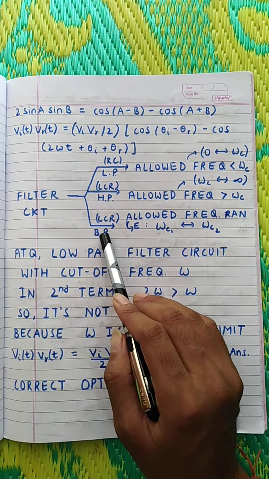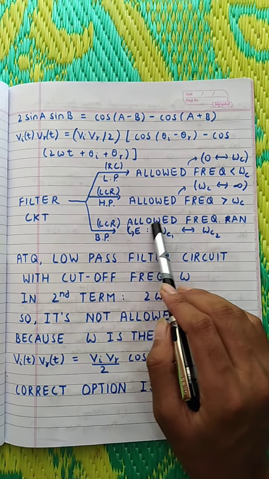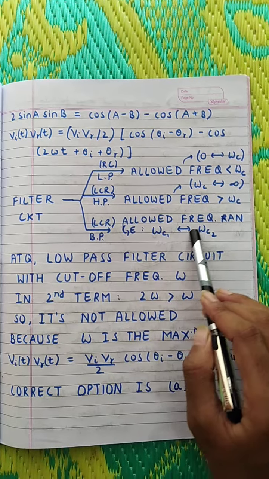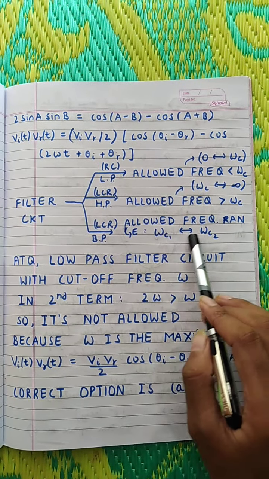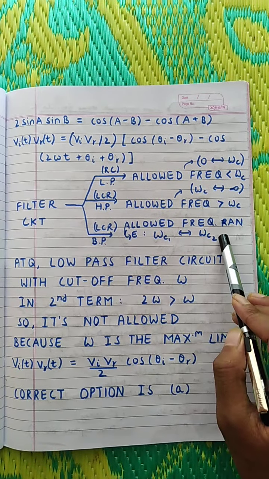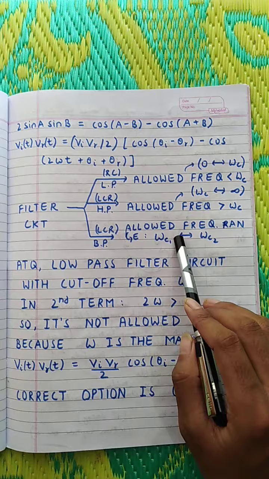And the third type of filter circuit is the band pass filter circuit. The band pass filter circuit allows frequencies in the range omega c1 to omega c2. If the frequencies are in between this range, then it will allow them, otherwise it will reject the frequencies falling outside this range.